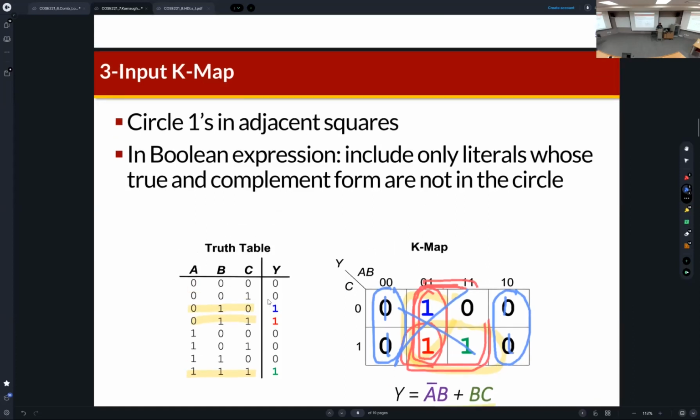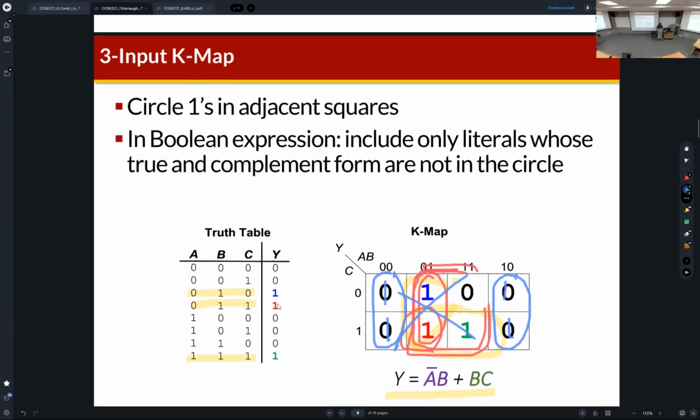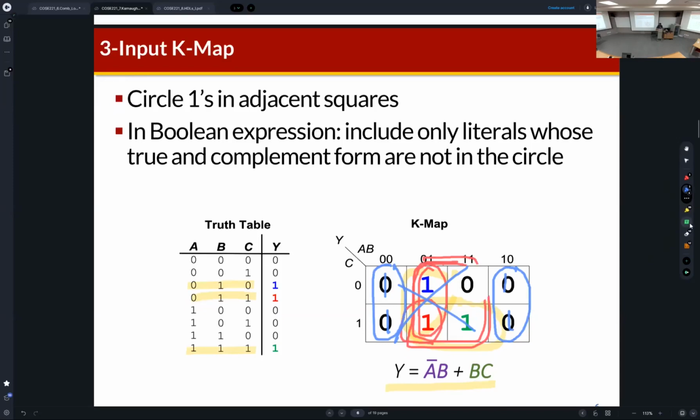Actually, even though we draw the Karnaugh Map on the display surface, the Karnaugh Map is connected like this. What does that mean?